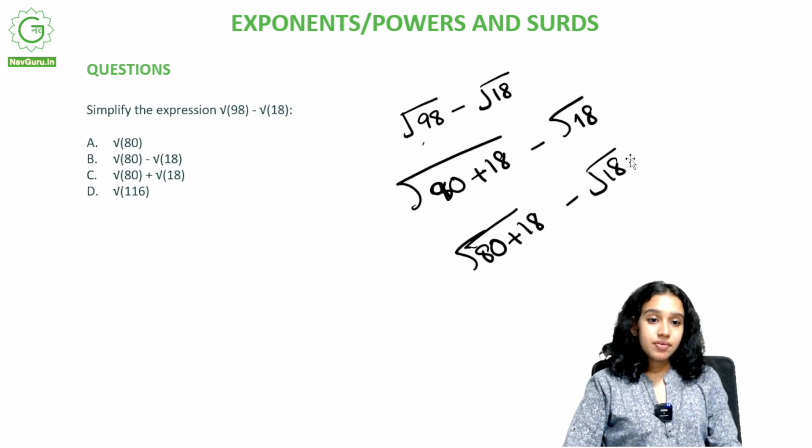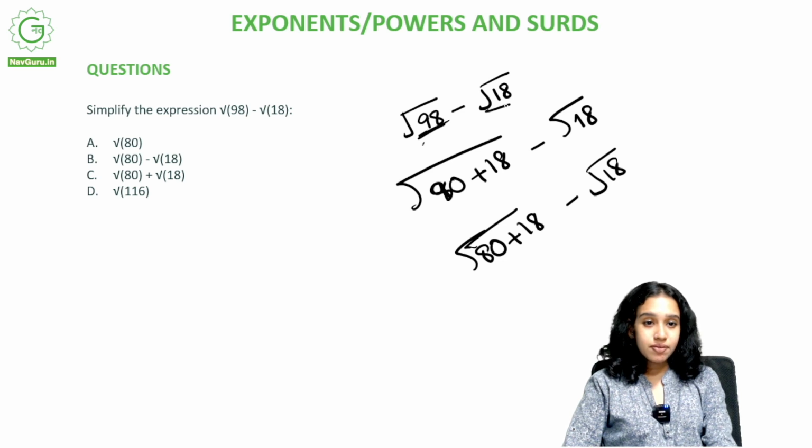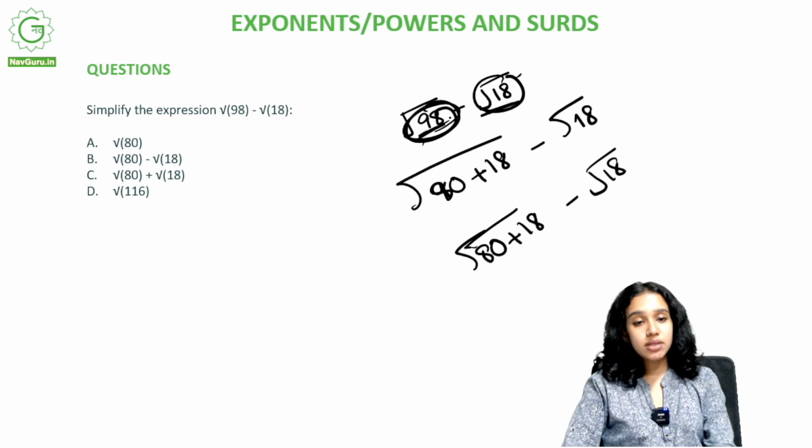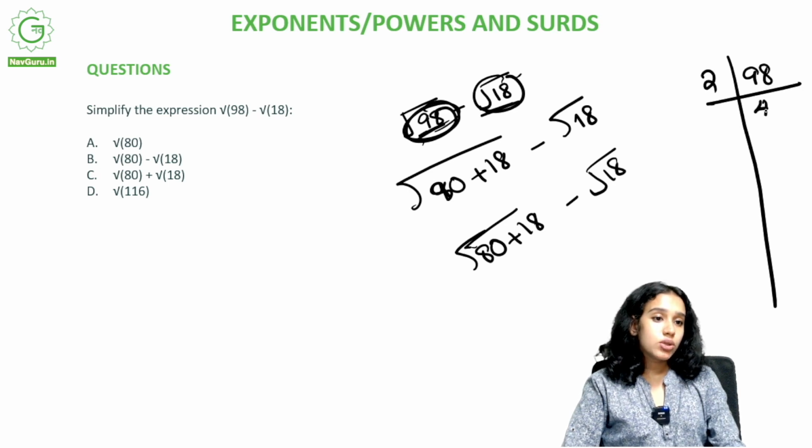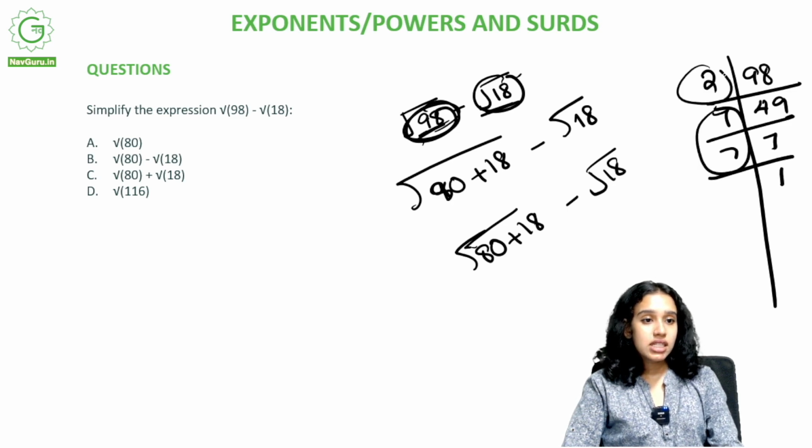Actually, we can do this in a different way. How do we do it? We have to take the multiples of 98. Prime factorization: 2, 49, 7, 7, 1. So this is 7 root 2.